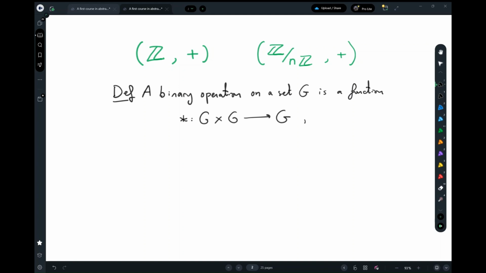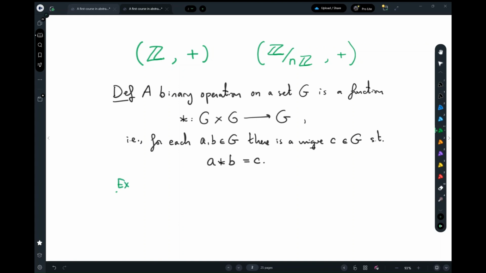By the very definition of function, what that means is that, i.e., for each A and B elements of G, there is a unique element C also in G, such that A star B is C. So that's what we call a binary operation.